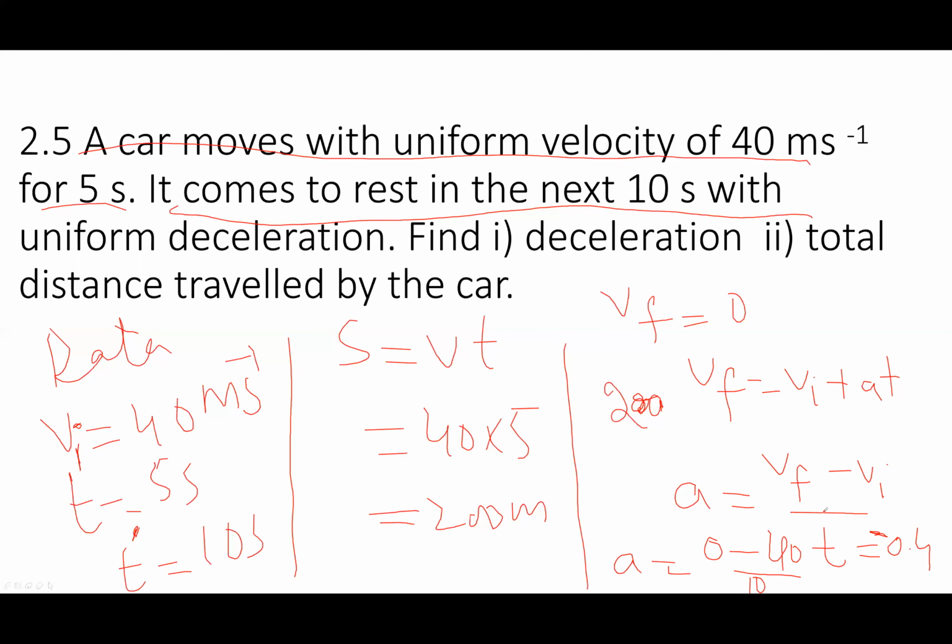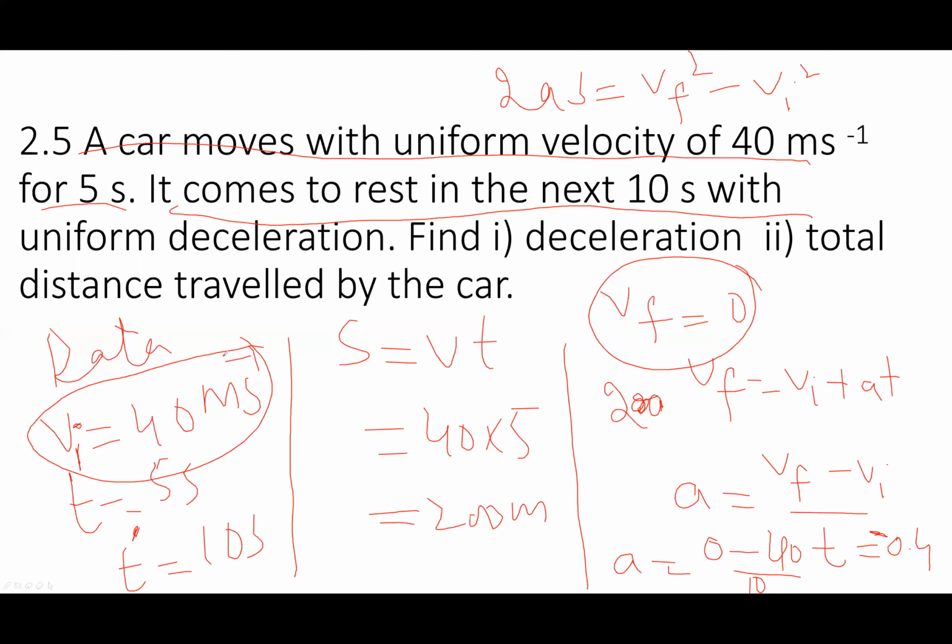Now you can use the third equation of motion to find the distance. 2as is equal to v square minus vi square. Here v is 0 and vi is 40 meter per second. Acceleration we already found, it is minus 4 meter per second square. So write the values and solve it.